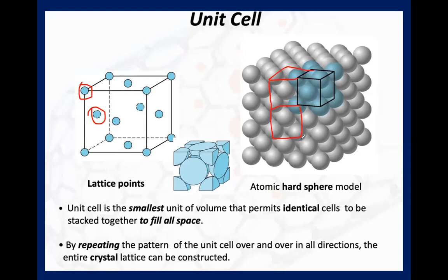Okay, so like this, you should be able to fit the unit cell without any spaces in between. There shouldn't be any spaces in between, right? So by this process, with a combination of unit cells, you can make the crystal lattice.